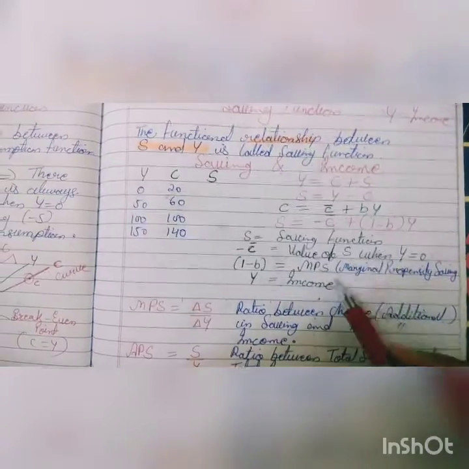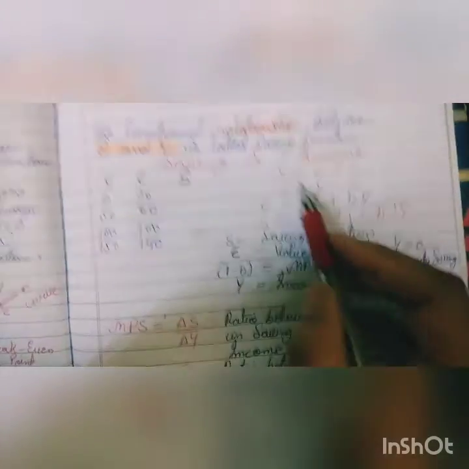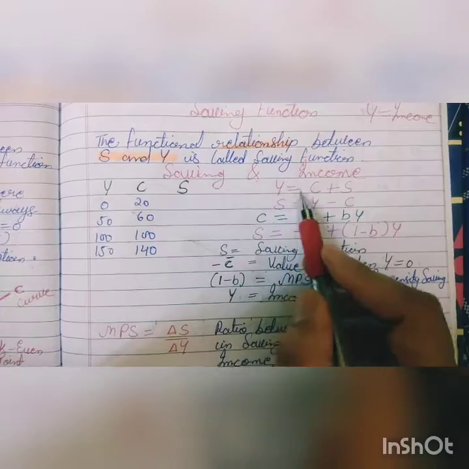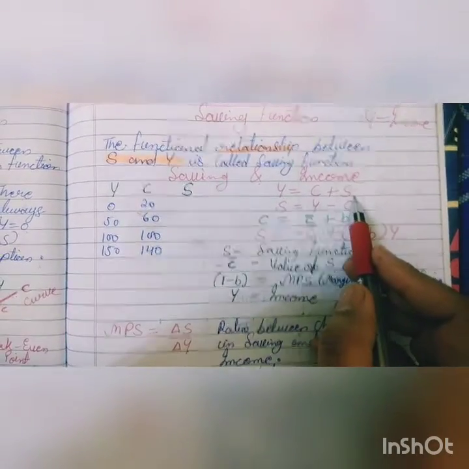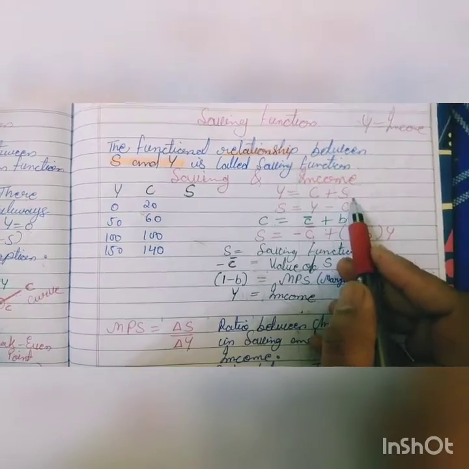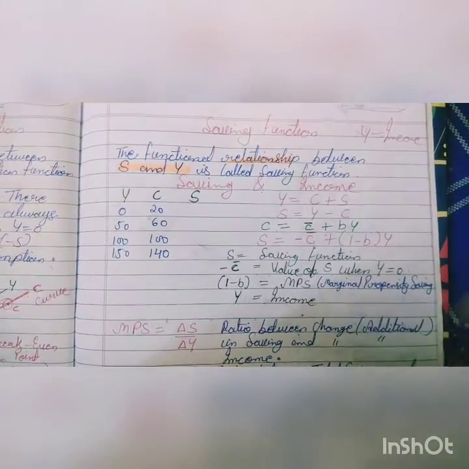Why is it 1 minus b and minus? Now see, Y is income. Income always equals C plus S. I use my income on consumption or saving.